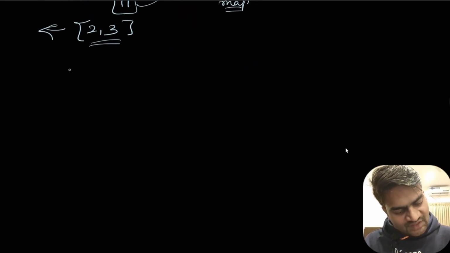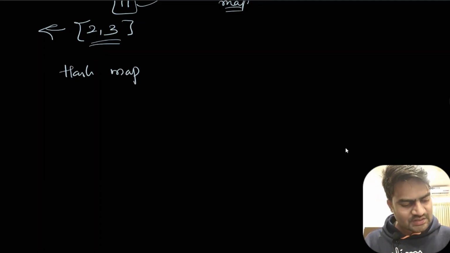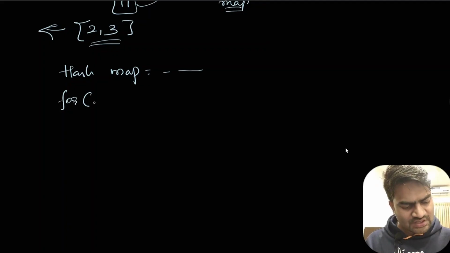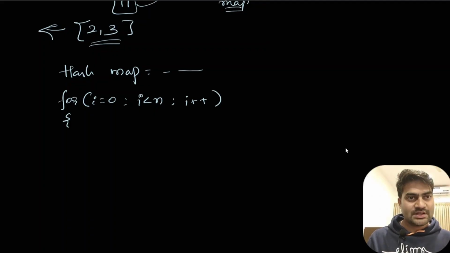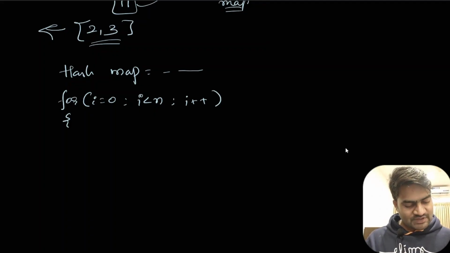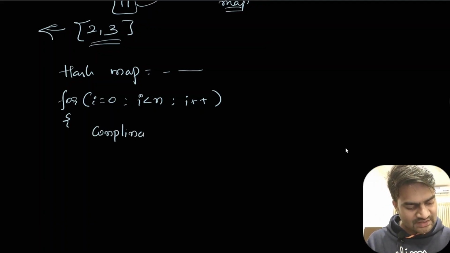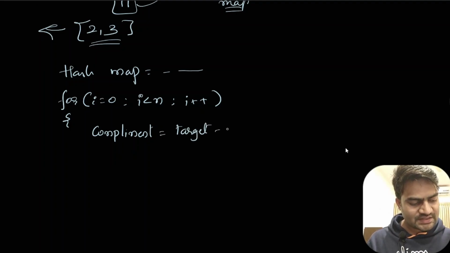So again, hash map, this is the initialization. Now for i equal to 0, i less than n, i plus plus. First I will find the complement: complement equal to target minus nums of i.